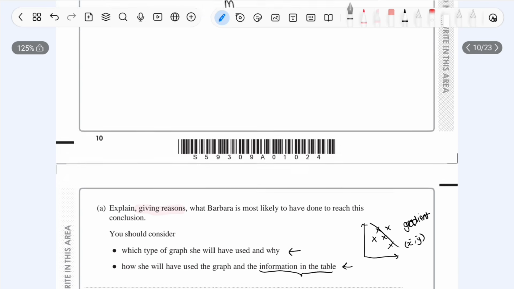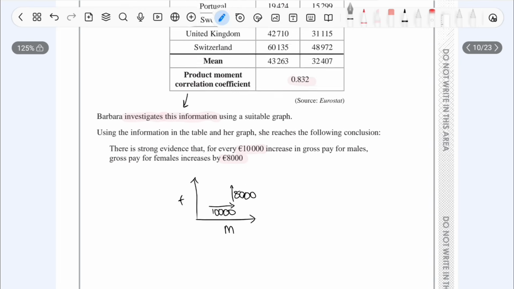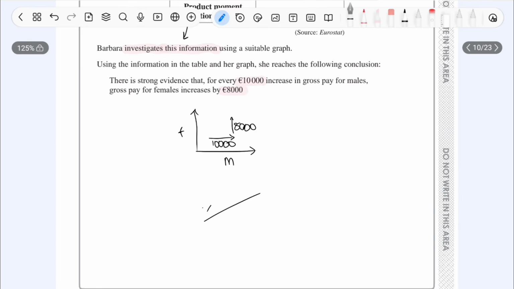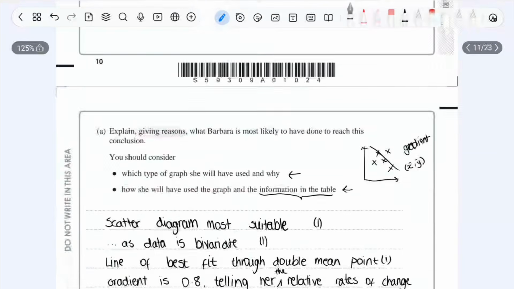And the last one is the PMCC. We haven't spoken about that yet in detail. The PMCC shows how close the points are to a line. So this and this could have the same PMCC, even though the gradient's different. The PMCC isn't to be confused with the gradient, which sometimes I feel it is.